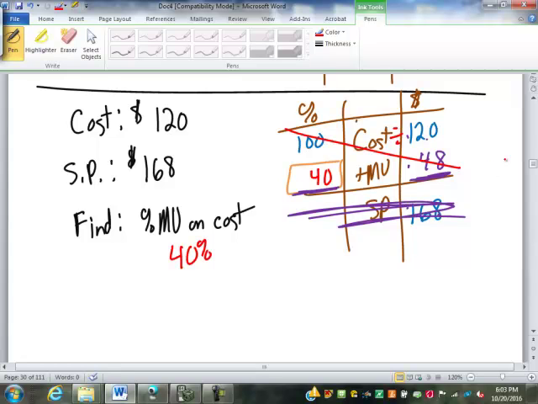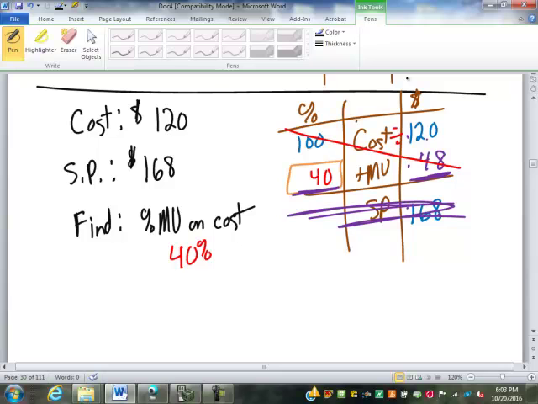Okay, you could do 168 divided by 120 and get 140 and then just subtract off the 100%. That works if you see that coming. Now there are going to be cases where you have to be very careful with that. It will always work if you use it correctly.